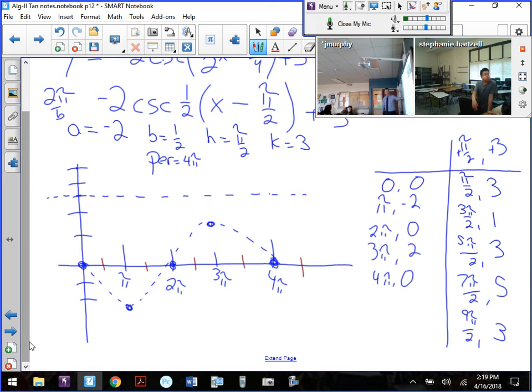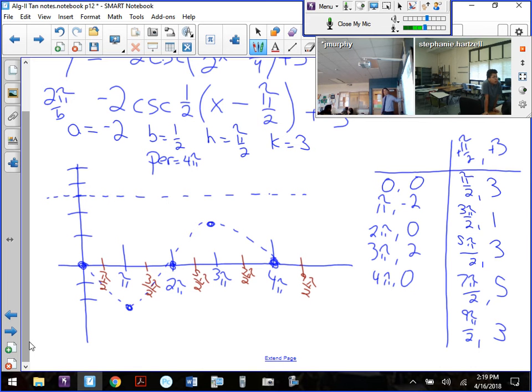Okay. So I have pi over 2, 3 pi over 2, 5 pi over 2, 7 pi over 2, and 9 pi over 2. If it starts to get too messy, it's not that big of a deal if you don't mark them here, because you're listing them in the ordered pairs.